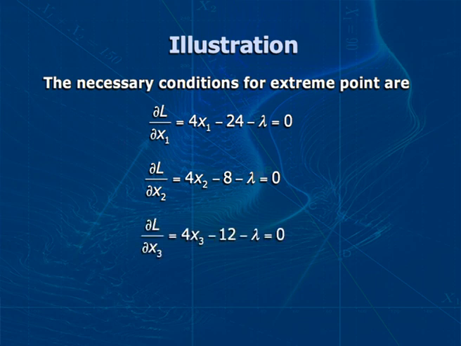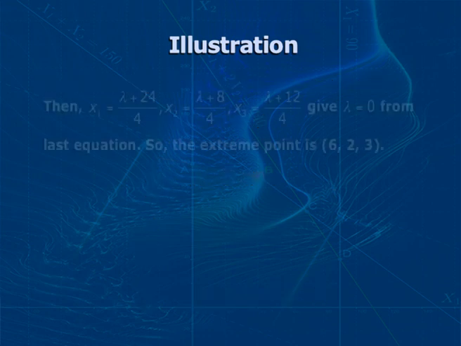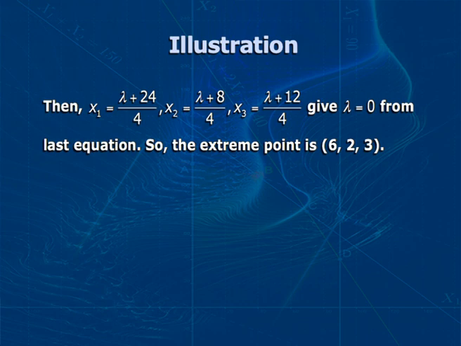Del L over del x3 is equal to 4x3 minus 12 minus lambda is equal to 0. Del L over del lambda is equal to minus (x1 plus x2 plus x3 minus 11) is equal to 0. Then x1 is equal to (lambda plus 24) over 4, x2 equal to (lambda plus 8) over 4, x3 equal to (lambda plus 12) over 4, which gives lambda equal to 0 from the last equation. So, the extreme point is (6, 2, 3).